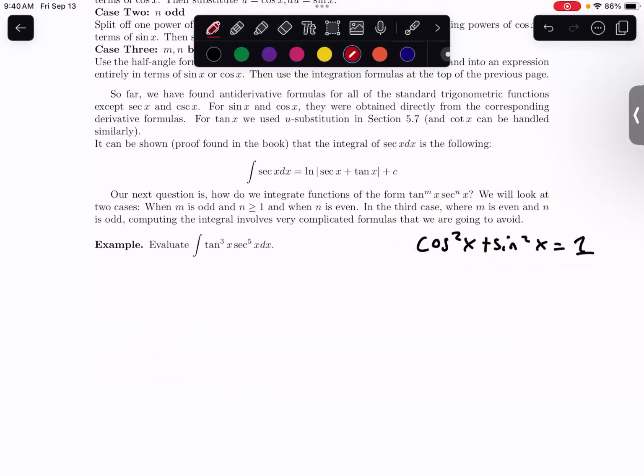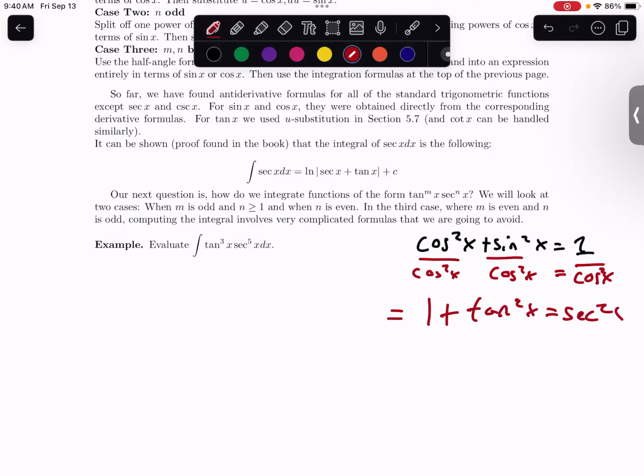So if you divide everything by cosine squared of x, this is 1 plus tangent squared of x equal to secant squared of x, right? This is the relation between tangent and secant that we want to make use of throughout these next couple of examples.